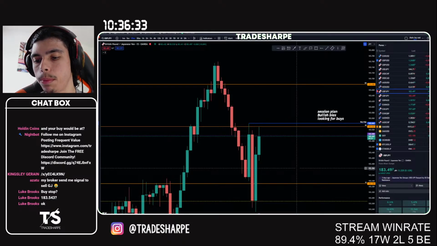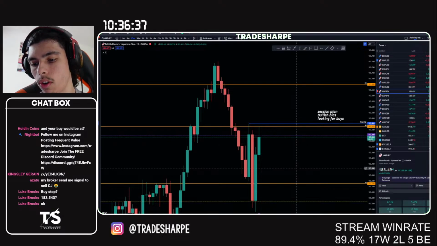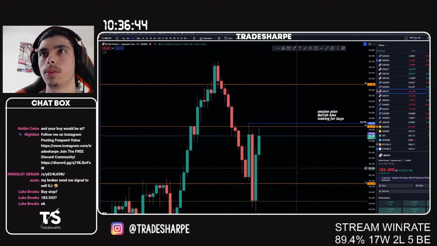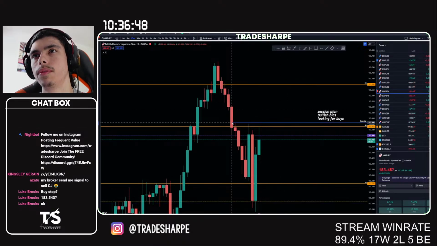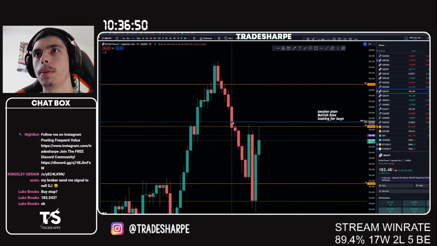$543, give it a pip, you know. So for me, I probably will enter once it breaks around. On my broker, it's a different number, but probably around 543 on my broker, which is a pip above. So I'm basically entering at the break of this candle high up here. Basically, it's like a pip above.